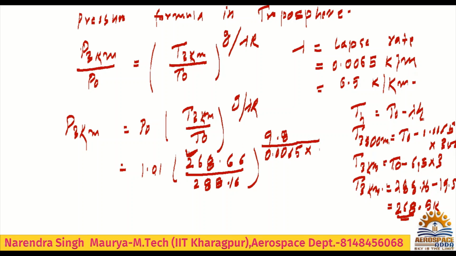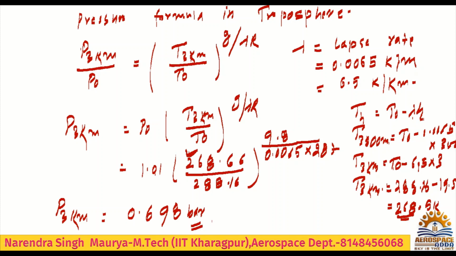R is 287. So if you check what is the pressure at 3 kilometer you have calculated, in my calculation I am getting 0.698. You please check it from your side also, in bar.